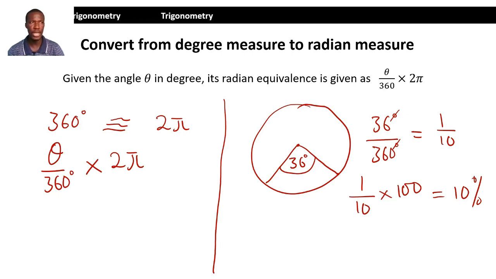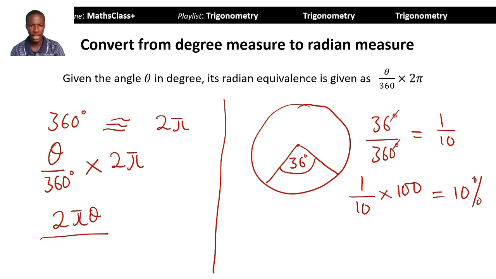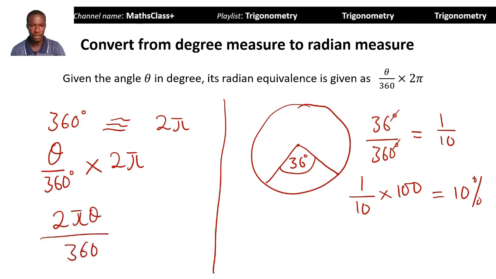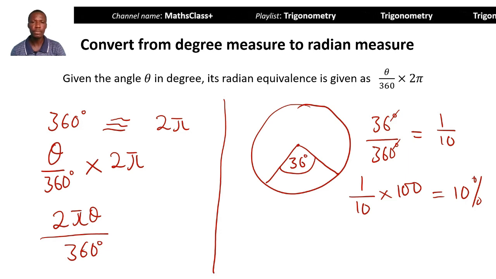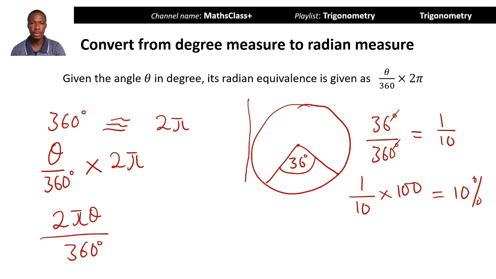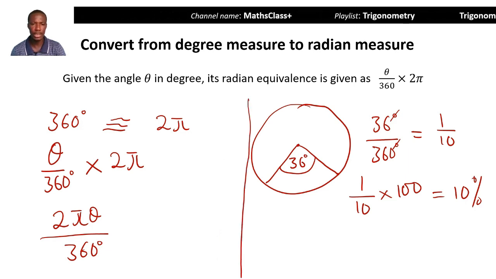If I want to simplify this expression, I'll write 2 pi theta over 360 degrees. Then you realize that 360 and 2 can be simplified, so the 2 goes here, and this one becomes 180.